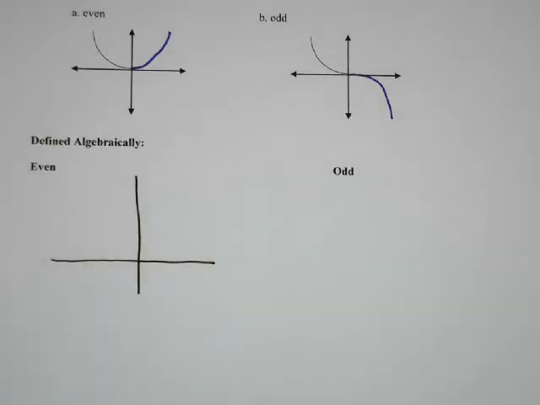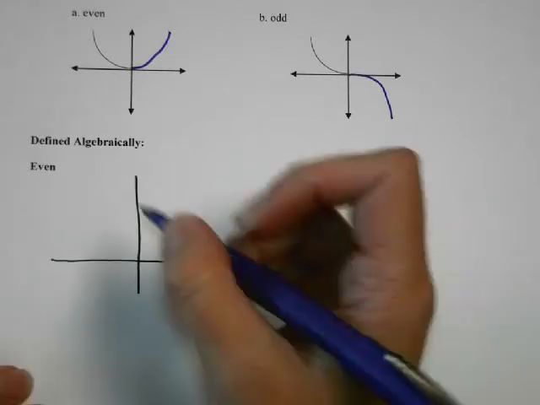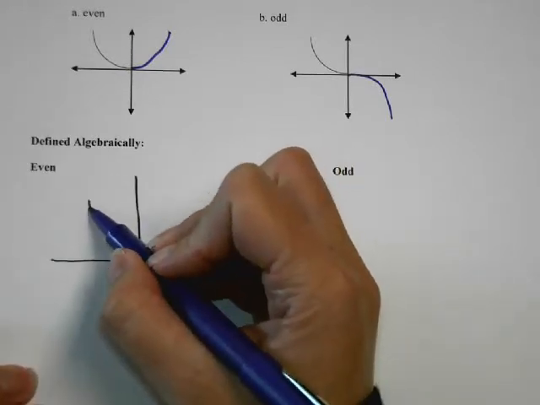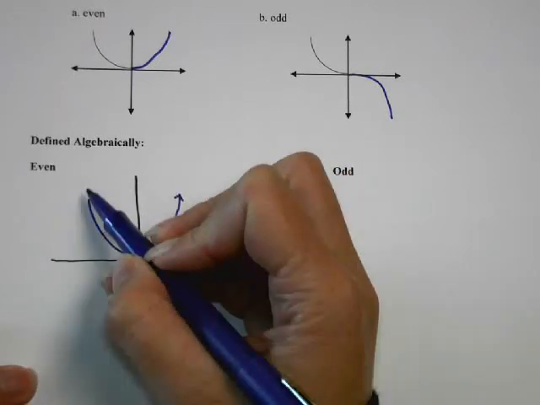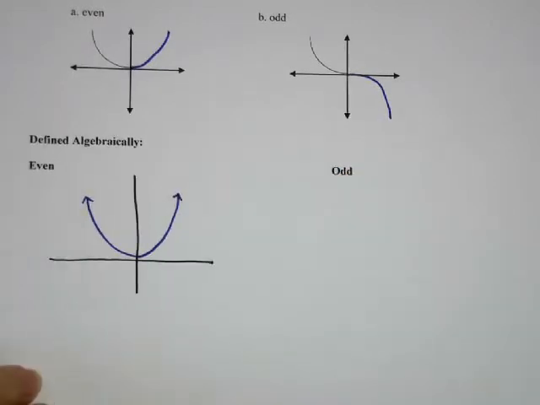Graphically, an even function is symmetric to the y-axis, but the formal definition is actually an algebraic one. So I'm going to draw a sample even function. This is even, it's symmetric to the y-axis, and I'm going to pick a test point.